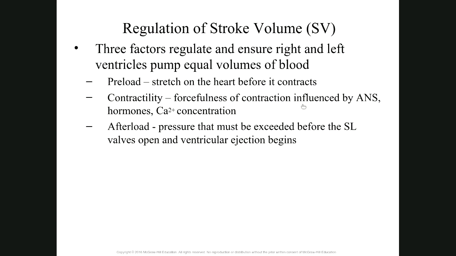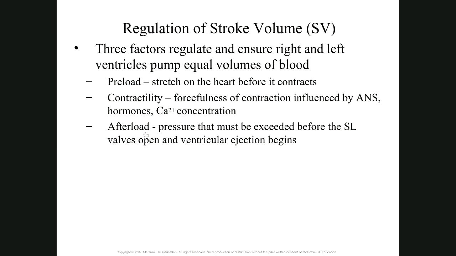When we have sympathetic activation, when we have release of epinephrine and norepinephrine from the adrenal medulla, and when the amount of calcium ion increases in our body, the contraction of the heart increases. When the power of contraction increases, the stroke volume goes up.